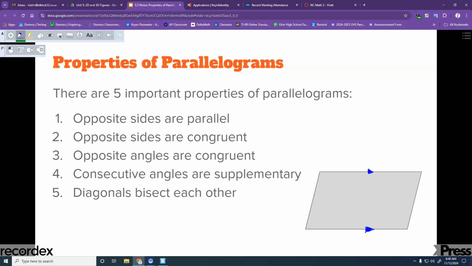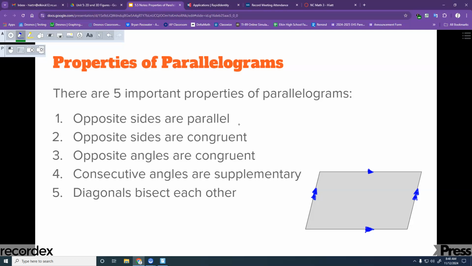And then this side I would do double arrows instead of just a single one because these 2 sides are not parallel to the first 2 that I have marked. So that would be our first property. Opposite sides are parallel.